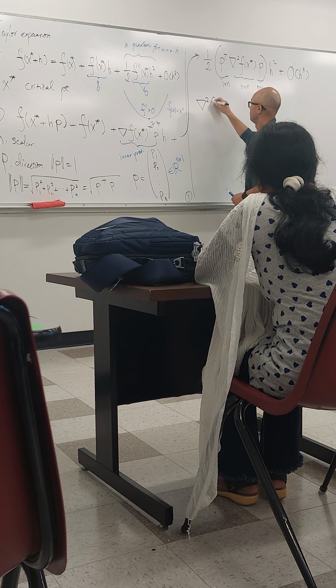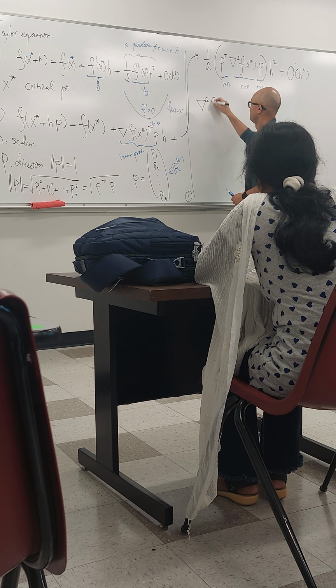Okay, so then we compute this. This multiplied with this, we get A11 P1 plus A12 P2, and this is A21 P1 plus A22 P2. Now we do this multiplication.